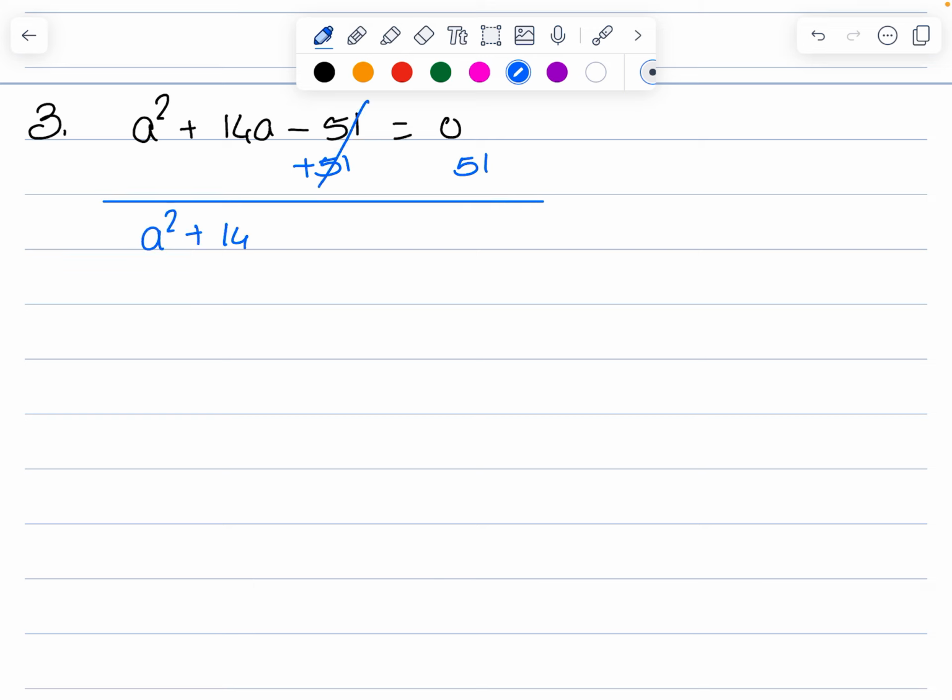A square plus 14a equals 51. 14 divided by 2 is 7. 7 square is 49. Add 49 on either side. So what do I get? It becomes a plus 7 whole square equals 100.